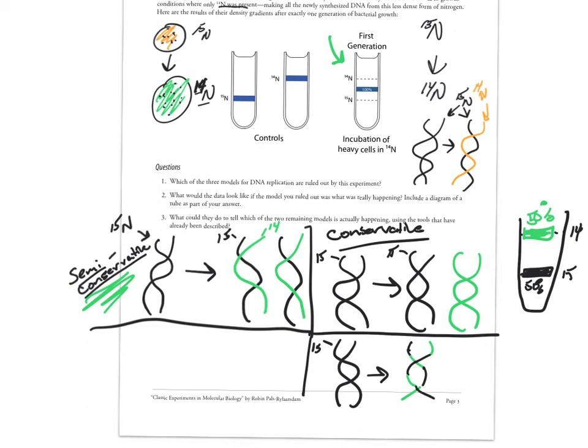So you kind of get this chimera, this mixing up of the two different molecules randomly. Maybe it's not random, maybe it's predictable, but this is the expectation if it's going to be the dispersive model.